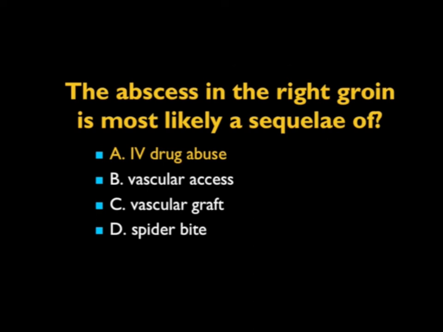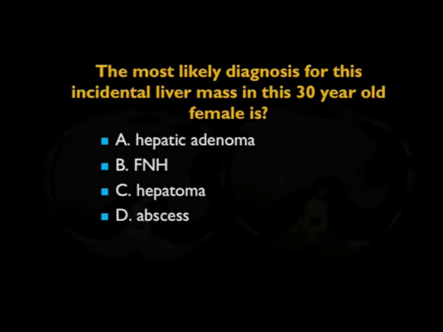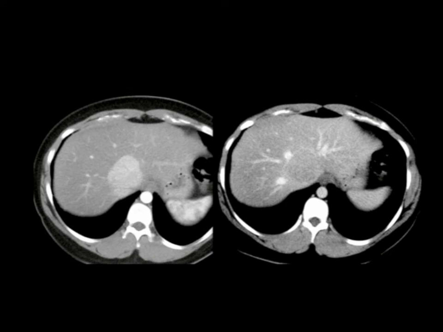Now, this was an incidental finding in a 30-year-old female. Vascular mass, early phase, fatty infiltration of the liver, and the lesion becomes nearly isodense. Well, it doesn't look like an abscess. Too much homogeneous enhancement early. Hepatoma, I guess it could be, but the patient's not cirrhotic, and the lesion behaves not quite like a hepatoma.